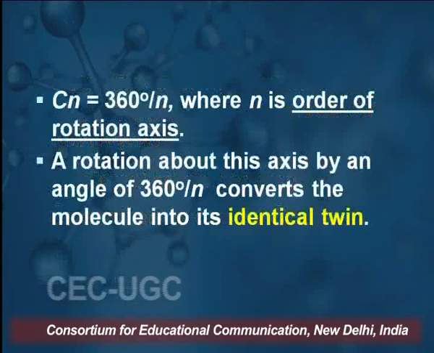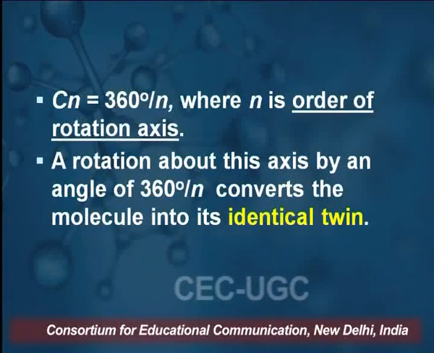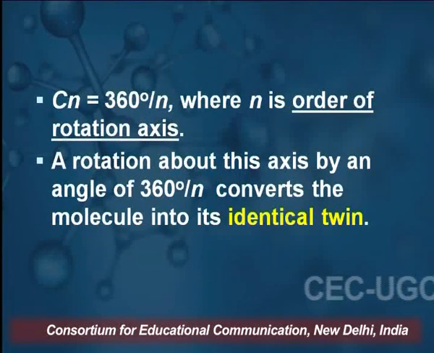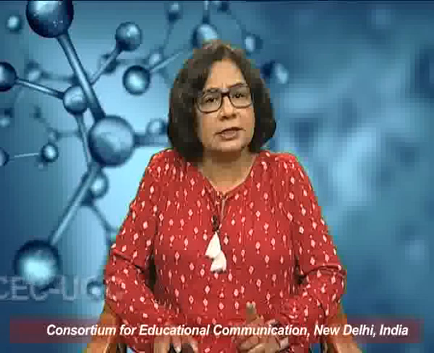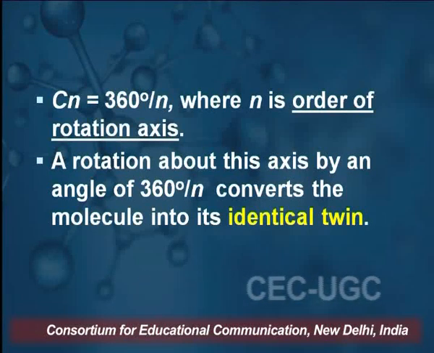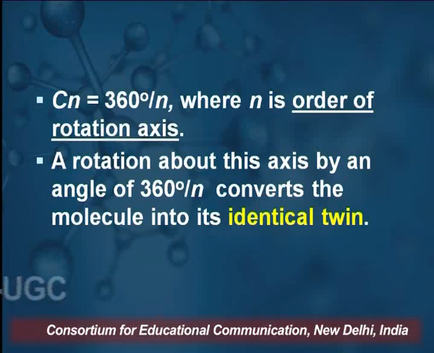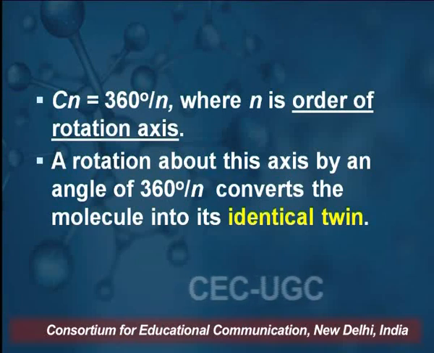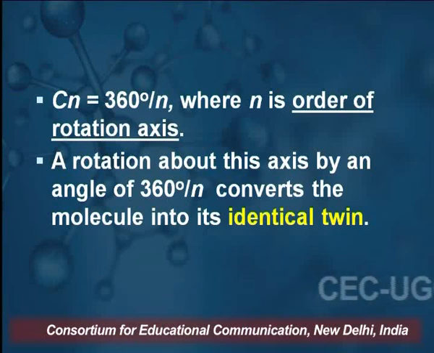So what we have to remember here is what Cn is. Cn here is one rotation by 360 divided by n, where n is the order of the axis, that is, whether we are rotating the molecule around the axis and getting the same configuration 1 time, 2 times or 3 times.